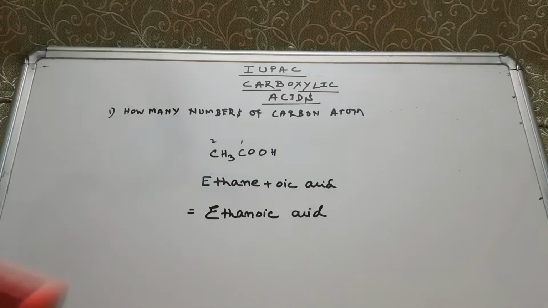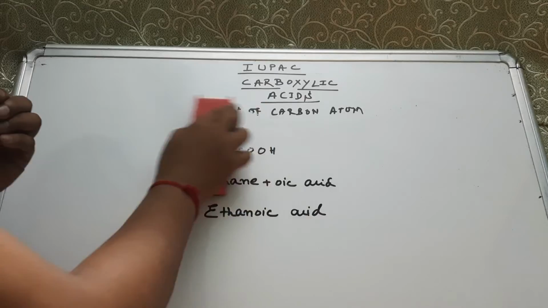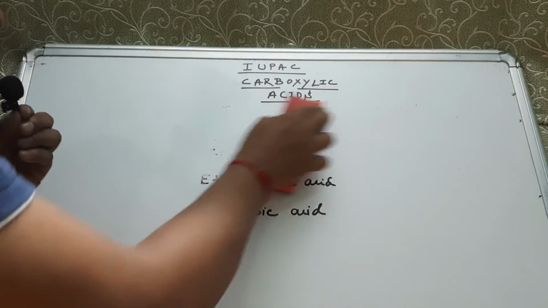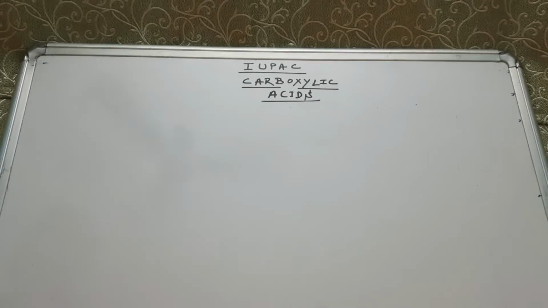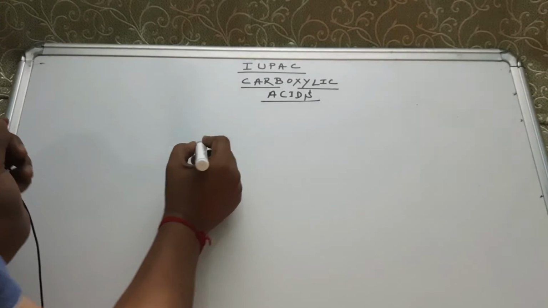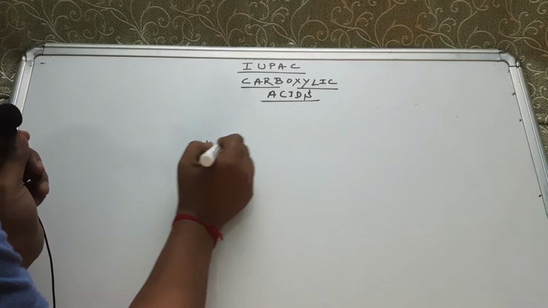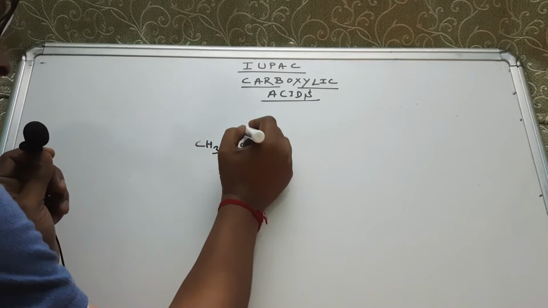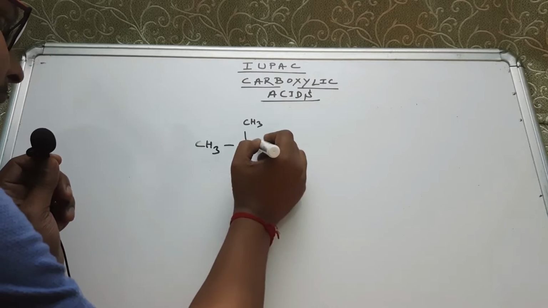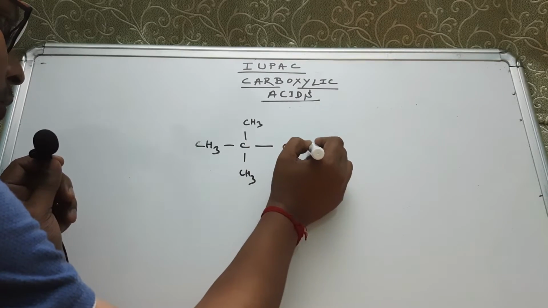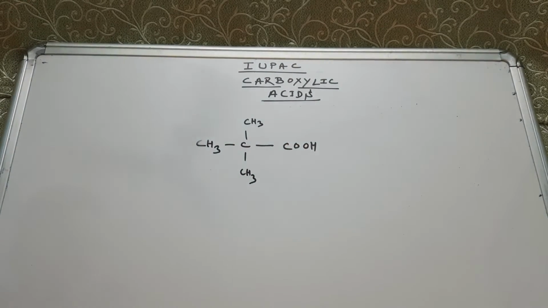Let's move towards some typical carboxylic acids. Here it is (CH3)3C-COOH.